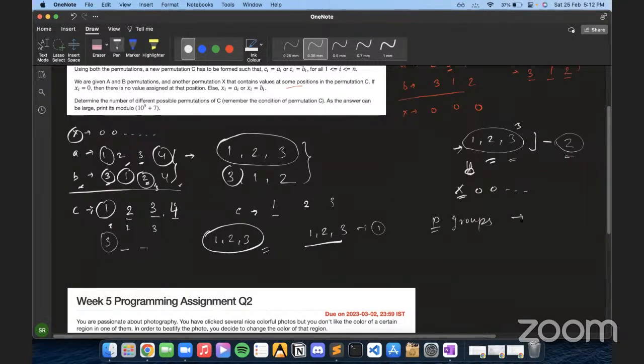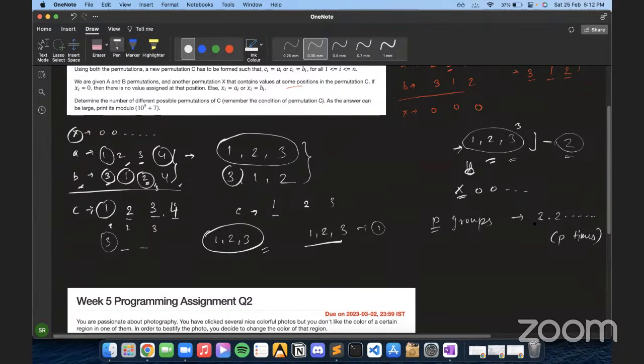So if there were P groups, then just apply the concept of P and C. For each group, there are only two possible permutations, one from A, one from B, and you can choose either of the two permutations for each group.